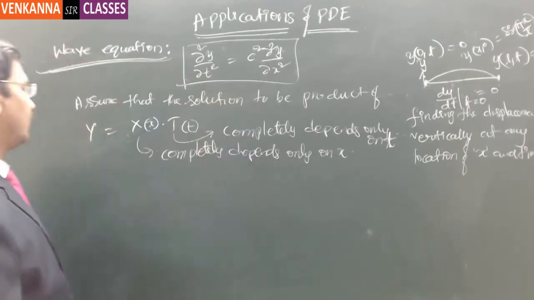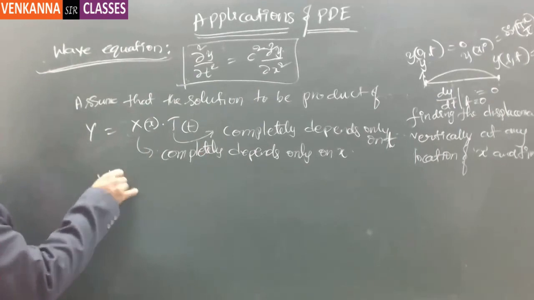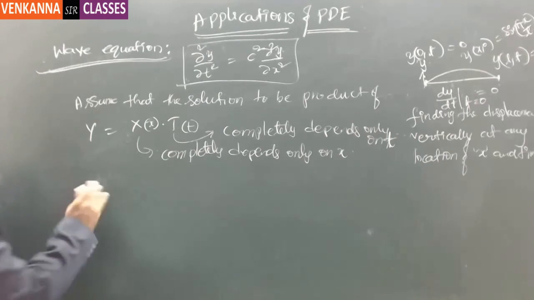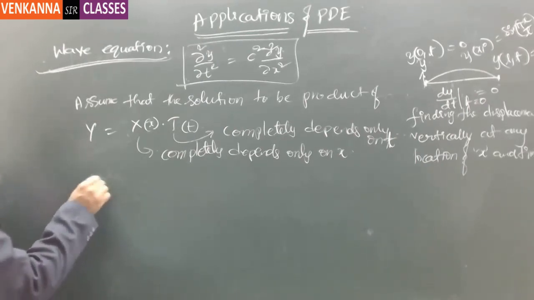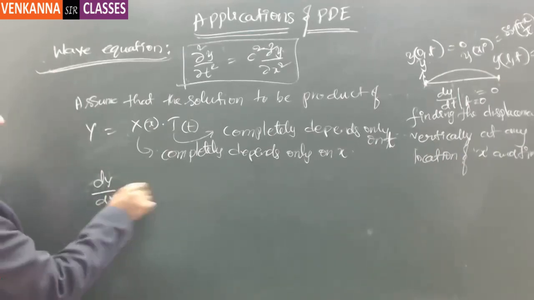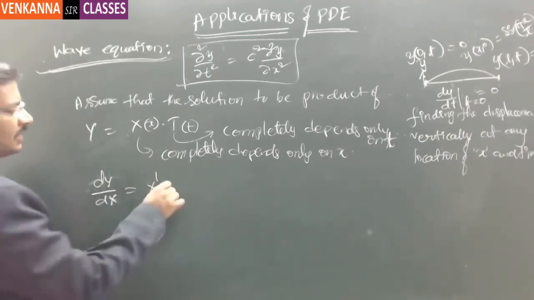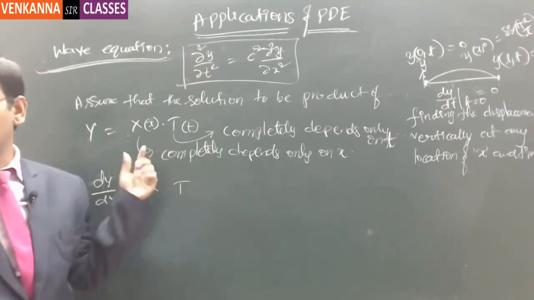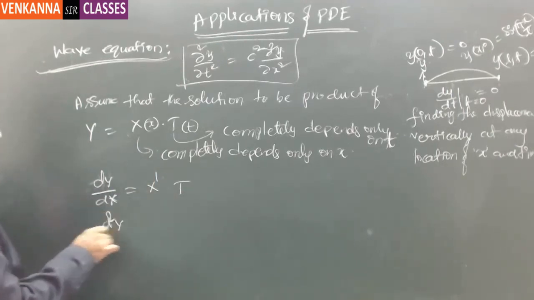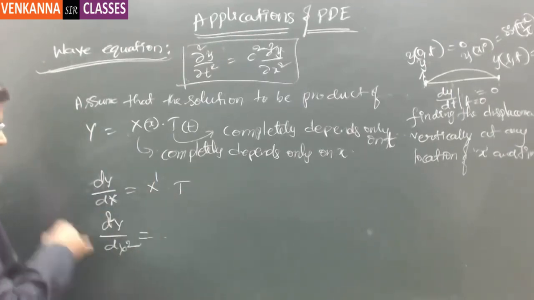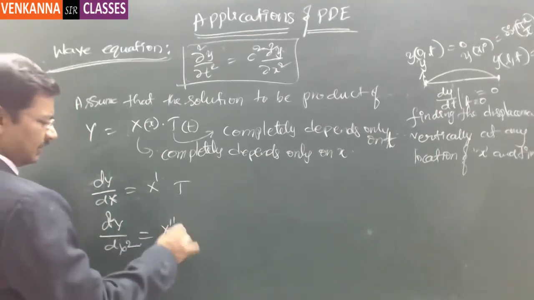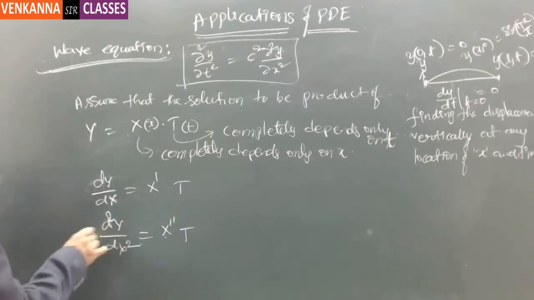Now, if you put it this way, y dash, by which we mean dy by dx, is equal to X dash into T, because T is independent of x. And d square y by dx square is equal to X double dash into T. This d can be replaced with dou also.